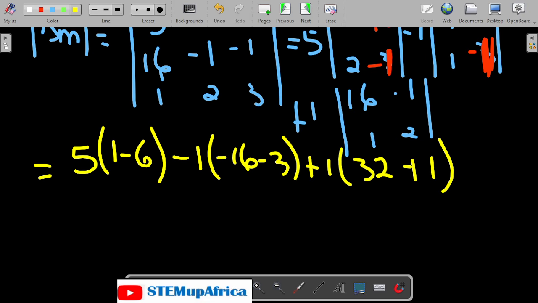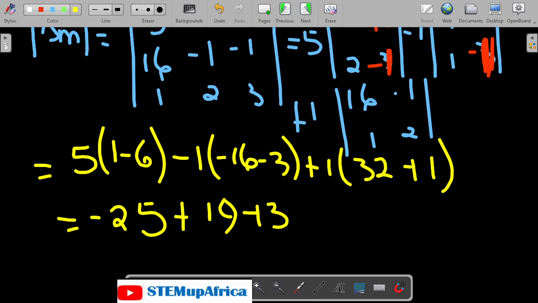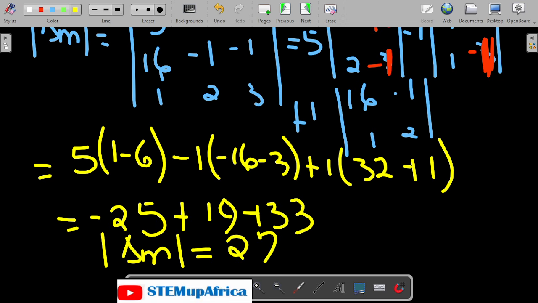If I simplify, here will give me minus 25, because 1 minus 6 is minus 5, times 5 is minus 25, here plus 19, here plus 33. So the determinant of m is minus 25 plus 19 plus 33, which gives 27.